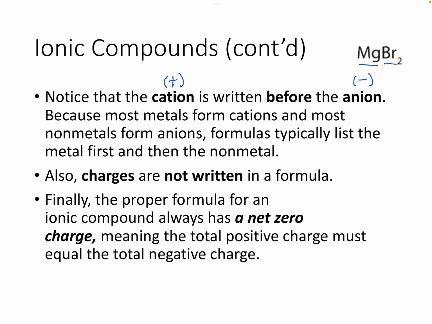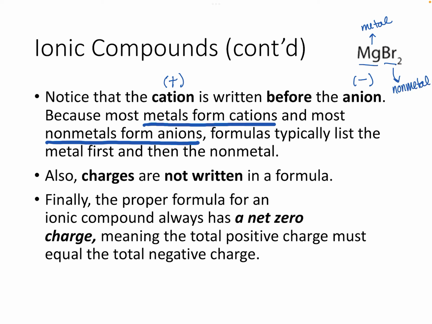Now, because most metals form cations, or positive ions, and most nonmetals form anions, or negative ions, formulas typically list the metal first and then the nonmetal. All right, so magnesium is a metal. Bromine is a nonmetal.